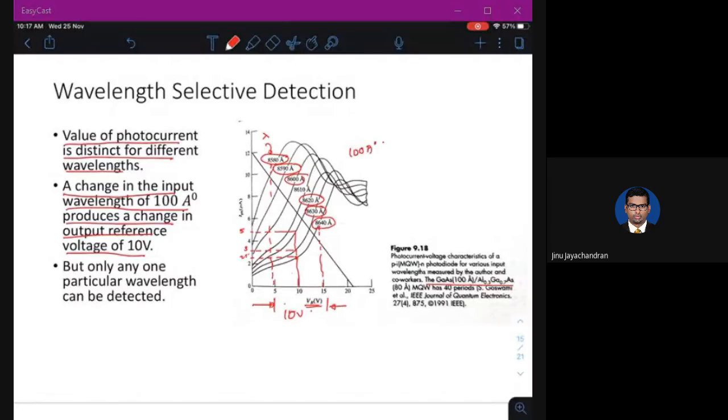That's a very huge difference. But the only problem is that only one particular wavelength can be detected. When you have optical communication, a lot of wavelengths will be transmitted, and you won't detect all the wavelengths. Using this kind of material, you will be able to detect only one particular wavelength. But how is it possible to detect all those possible wavelengths?